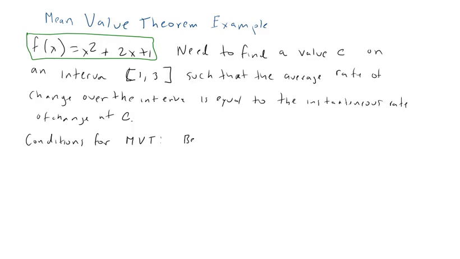So the first one: because f of x is a polynomial, then f of x is continuous on all real numbers.